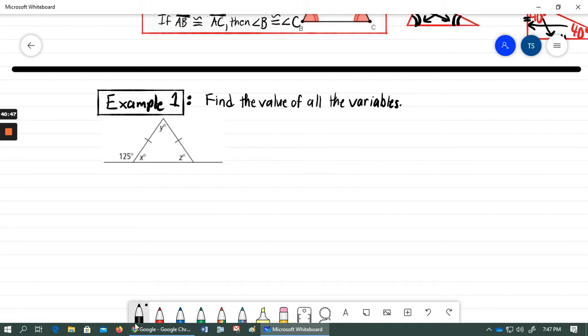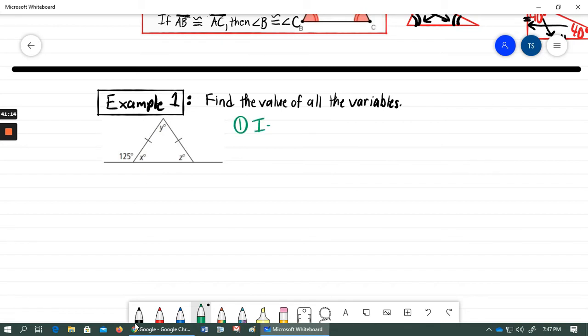One thing that I'm going to need you to do is first state what type of triangle you got here. If it's an isosceles triangle, state that it's isosceles. If it's an equilateral triangle, state that it's equilateral.